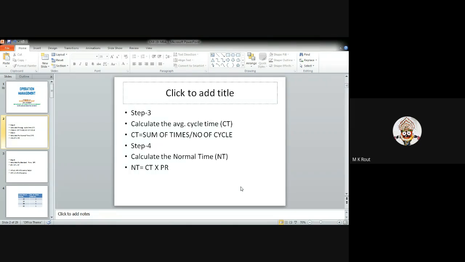Similarly, for the inexperienced engineer rating, already given as 120%, proceed starting from the cycle times, the normal time, and last the standard time.